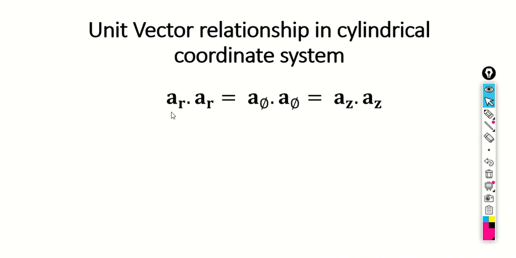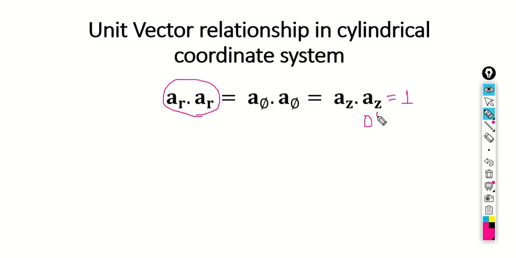We know ar dot ar, a phi dot a phi, az dot az. What is the value of this? The value of this is equal to 1. Why is the value equal to 1? Here ar dot ar means these are two unit vectors in the same direction. If two unit vectors are in the same direction, coinciding on each other, the angle between them is 0 degrees.